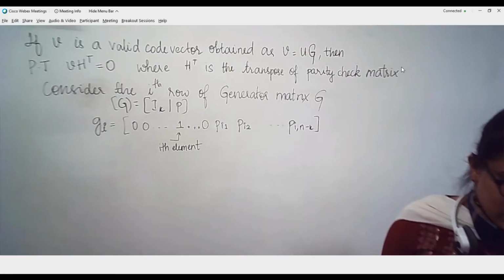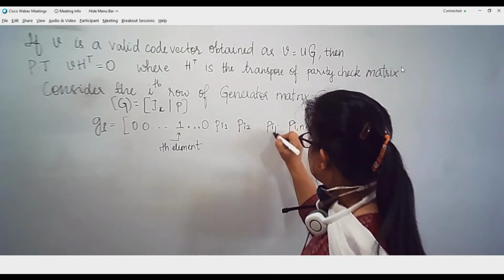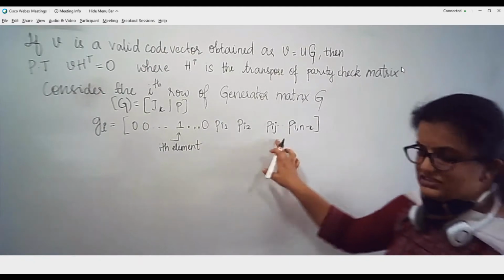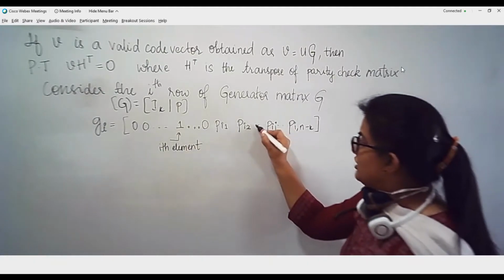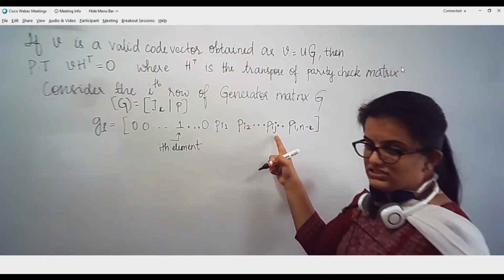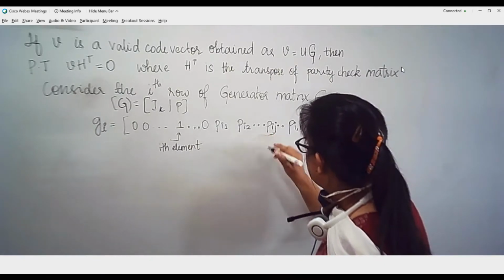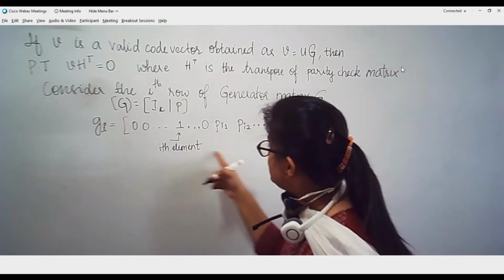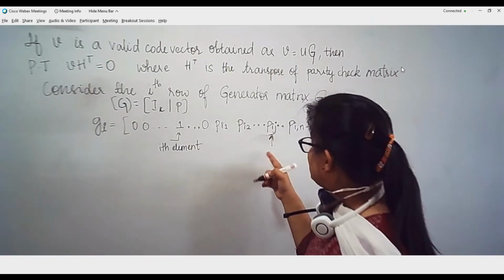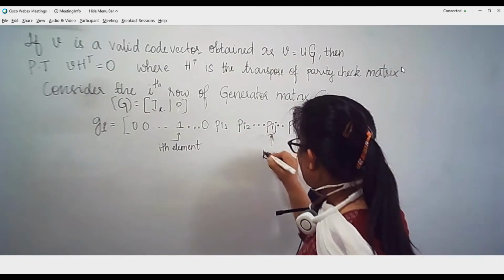Fine? Okay? Somewhere over here we will also get Pij, where j is some random index corresponding to a particular column. Assume that this particular column is obtained after how many stages? First we have covered the k number of bits, and then we have gone through j number of columns within the parity matrix. So this will be the k plus jth element.